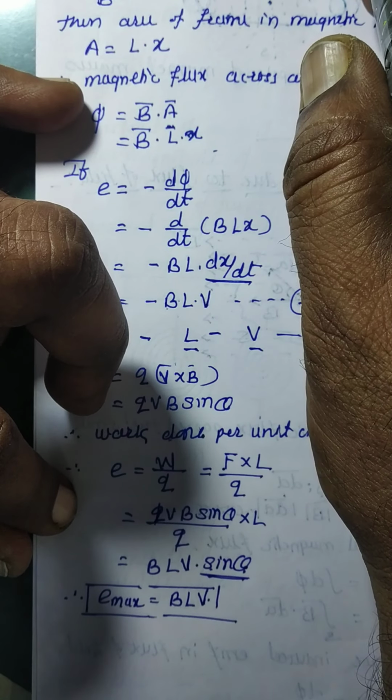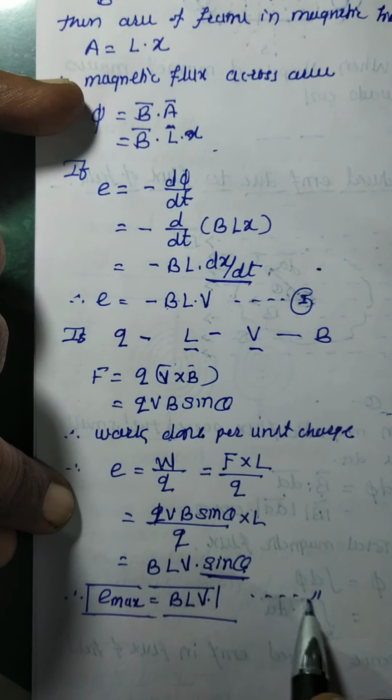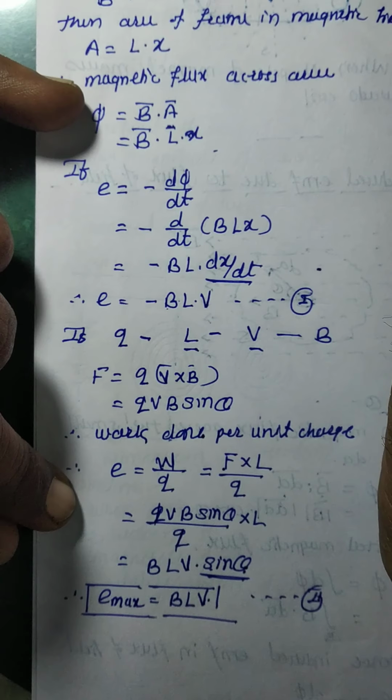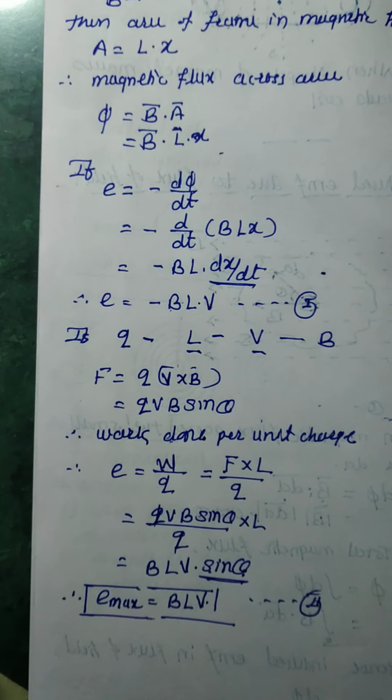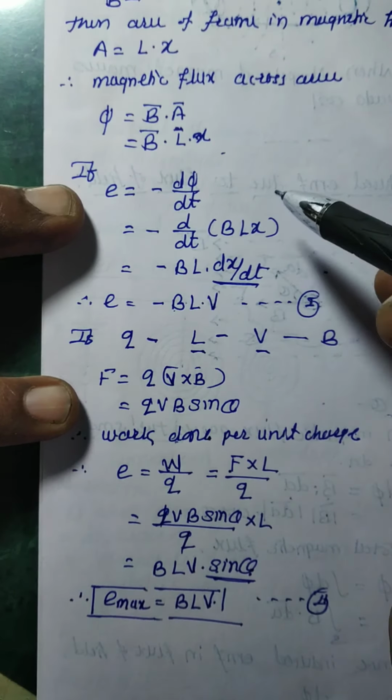Suppose this is our equation number 2. From equations 1 and 2, in a region where the magnetic field is changing with time, an electric field is generated. This is about translational motion of conductor.